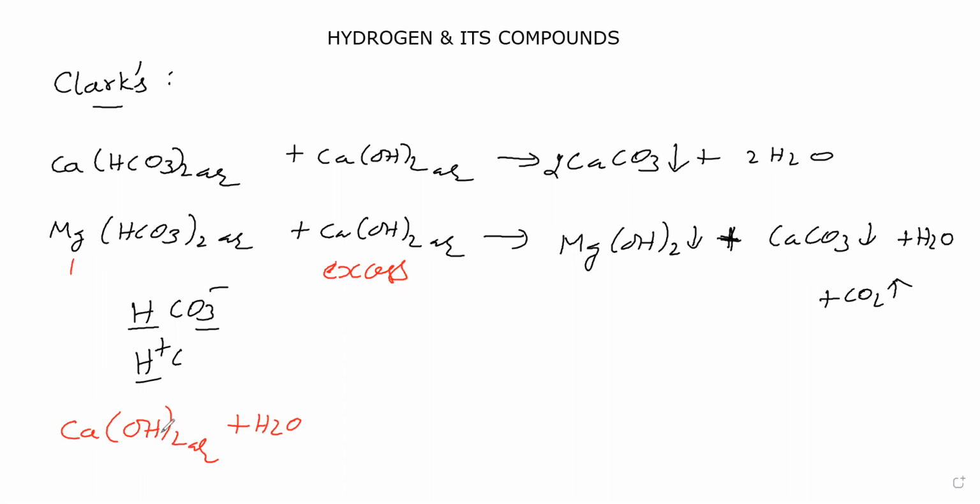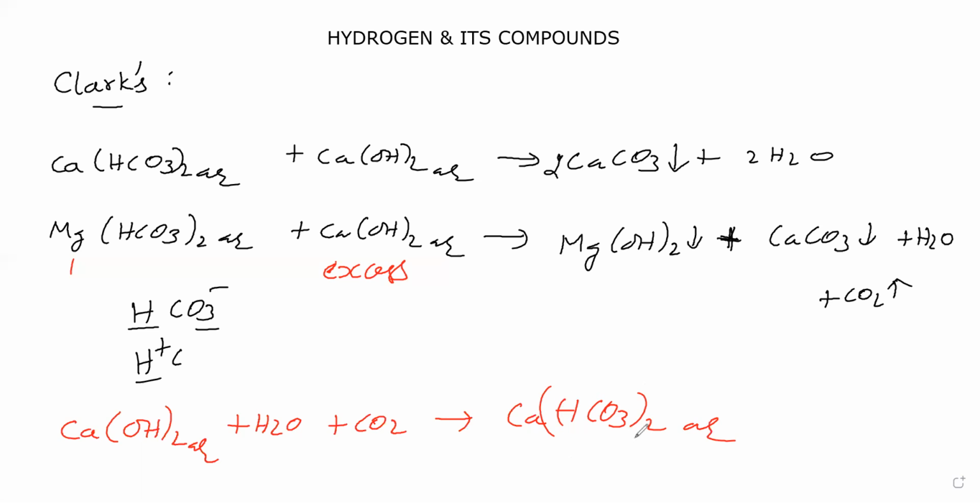What this calcium hydroxide does is take carbon dioxide from atmospheric air and becomes calcium bicarbonate. That means water again gets temporary hardness.